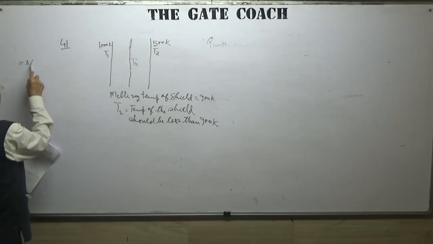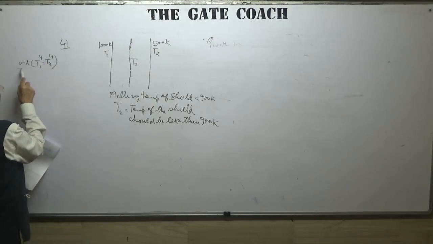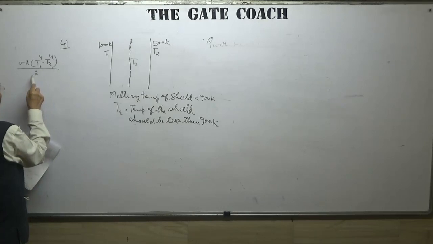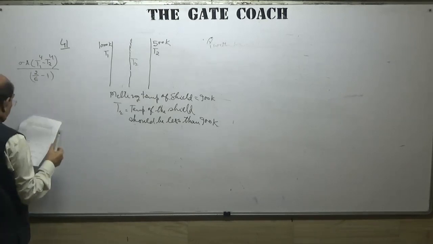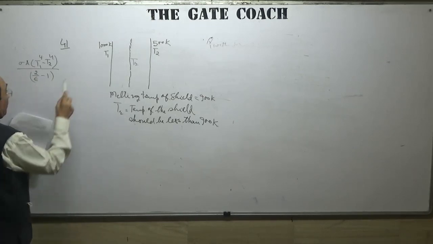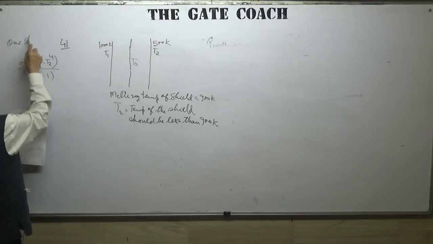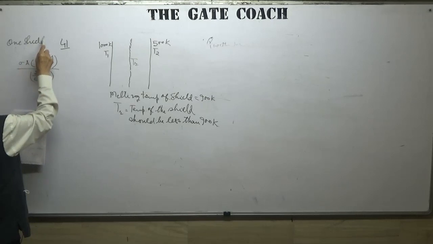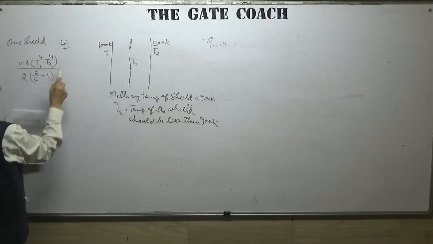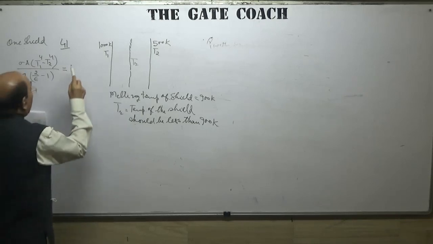Sigma A into T1^4 minus T2^4 upon 2 upon emissivity minus 1. If one shield is provided, this shall become half of the total.